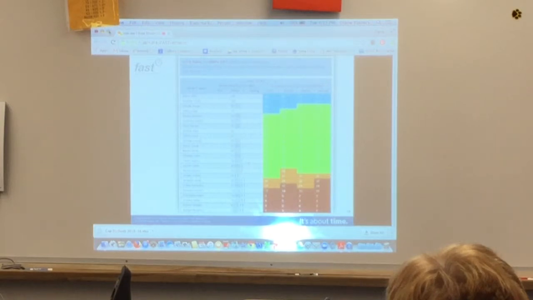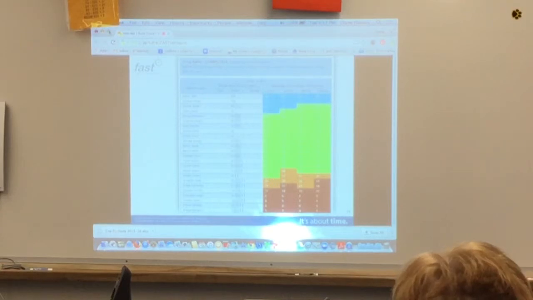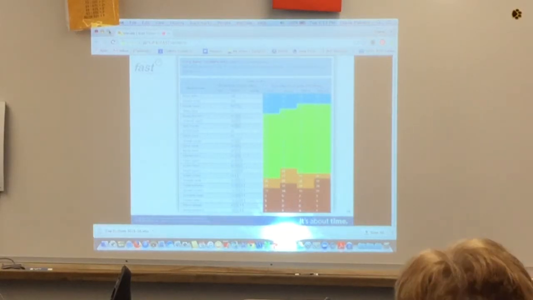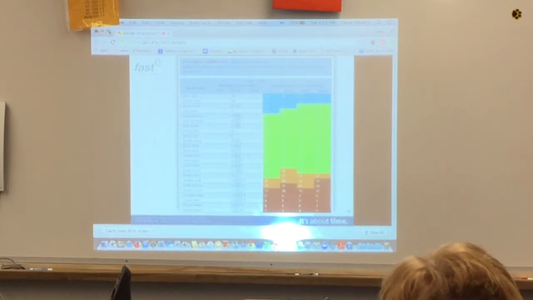Out of a class of 23, we have 11 children at risk based on the benchmark for 2013-14, and it's in reading. I think the benchmark for winter was roughly 43 words read correctly per minute, but there's a benchmark for every measure. Having 47% of your class at risk, what would that tell you?